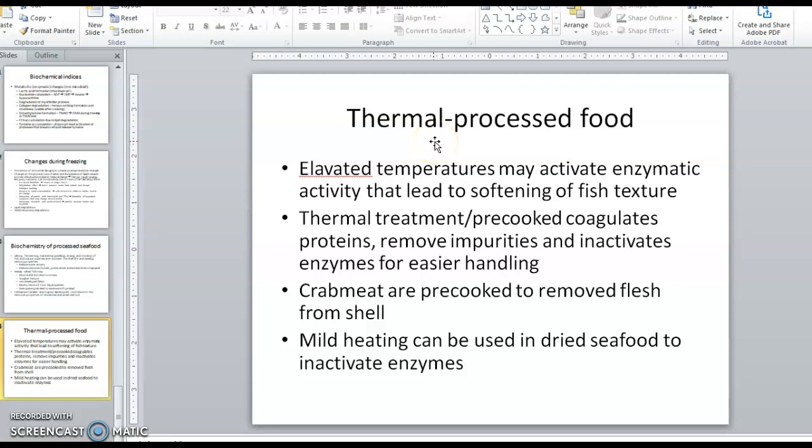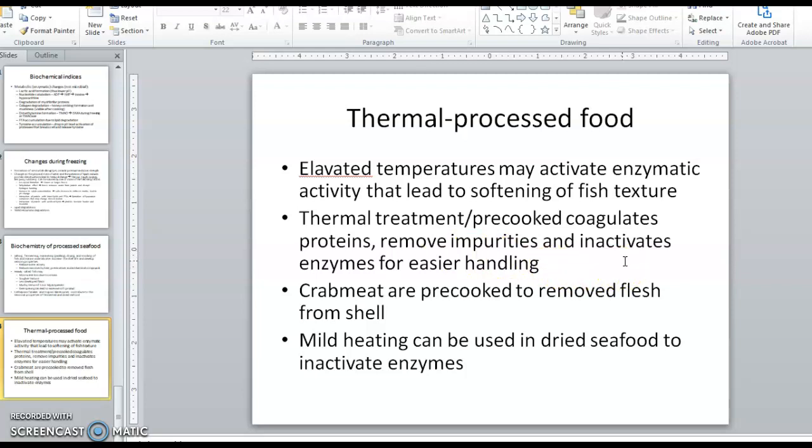Okay. For the thermal processed seafood, elevated temperatures may activate enzymatic activity that lead to the softening of the fish texture. Okay, so when we cook them, they can be softer or tender. Thermal treatment or pre-cook can coagulate protein, remove impurities, and inactivate enzyme for easier handling.